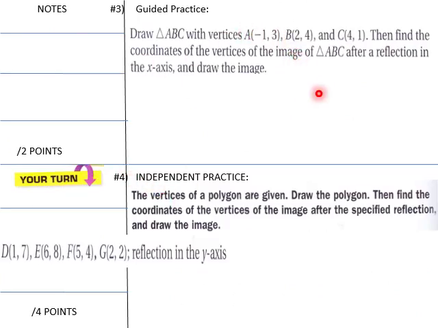Draw these vertices, then find the coordinates of the vertices of the image of triangle ABC after reflection in the x-axis, and draw the image. Now you would have a coordinate plane on your class worksheet. Same thing down here, you would have a coordinate plane. If you want that, you can email me to get a coordinate plane.